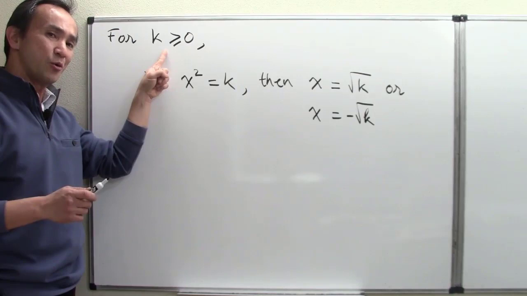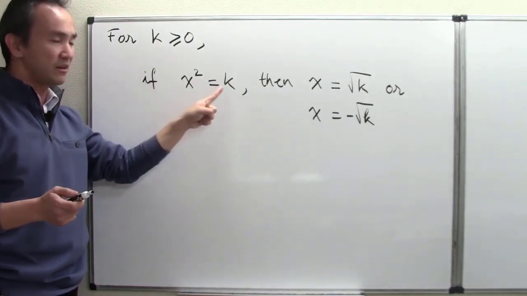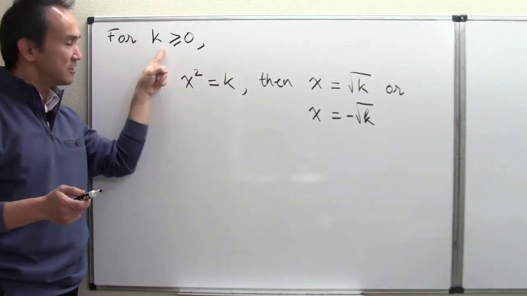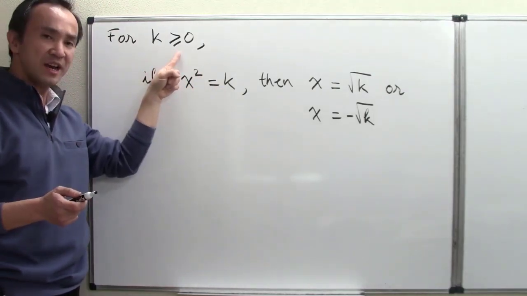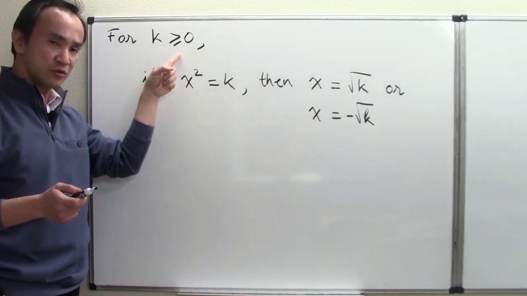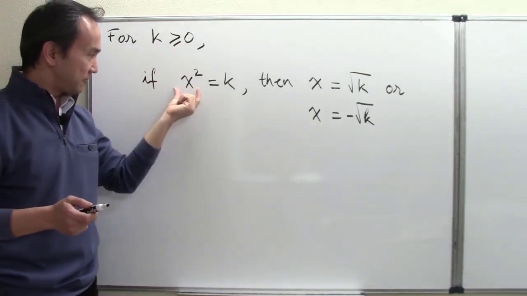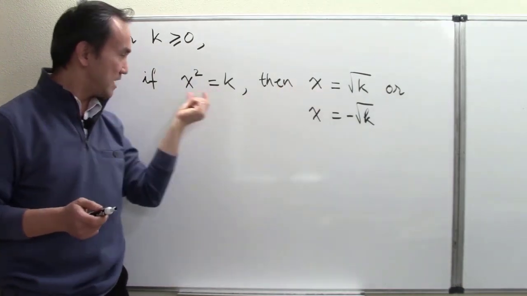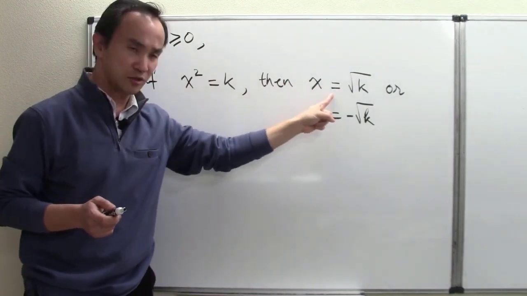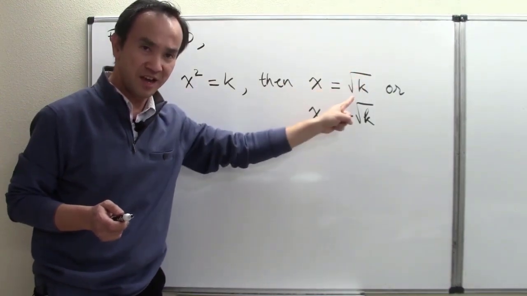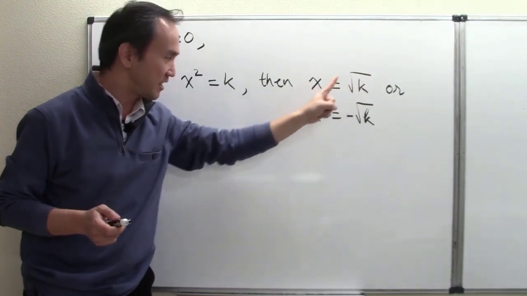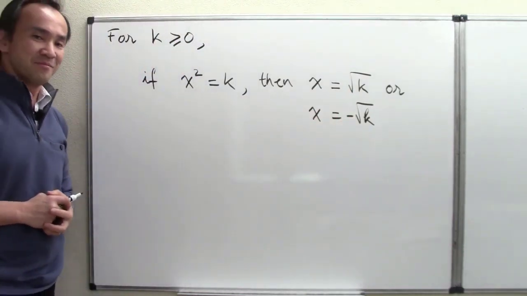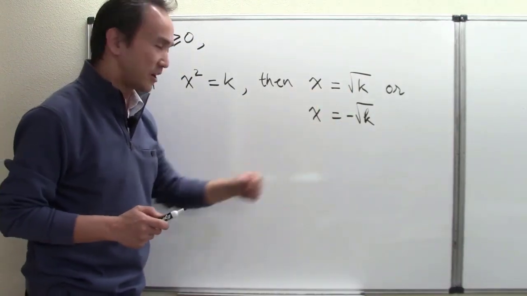Under the strict requirement that the given value k on the side opposite the squared expression is non-negative, greater than or equal to 0, if we have an expression squared equals k, then the expression itself without the square equals the square root of k, or the negative square root of k. Let me now explain where that comes from.